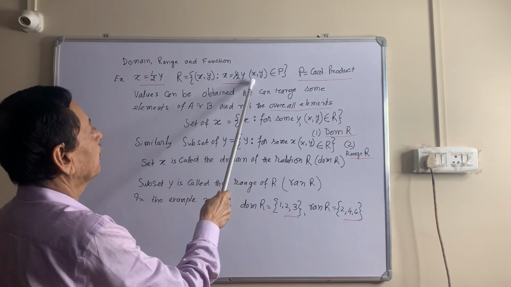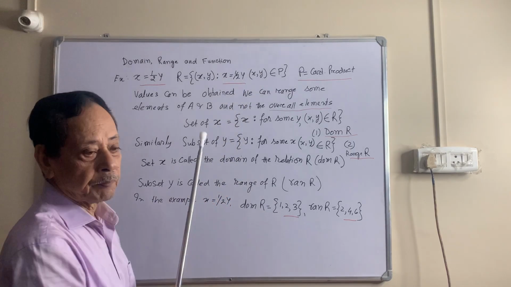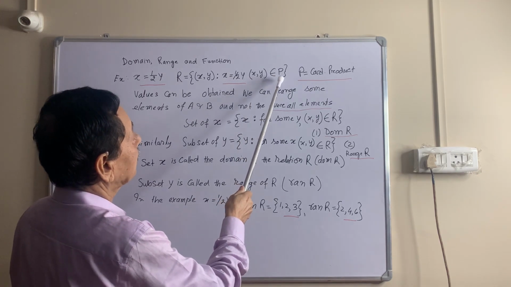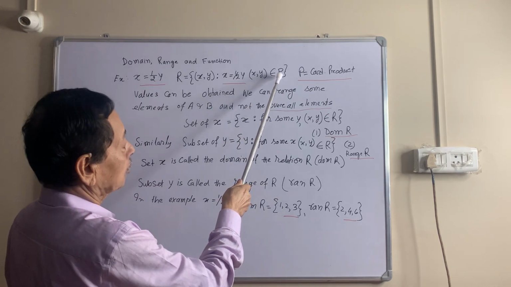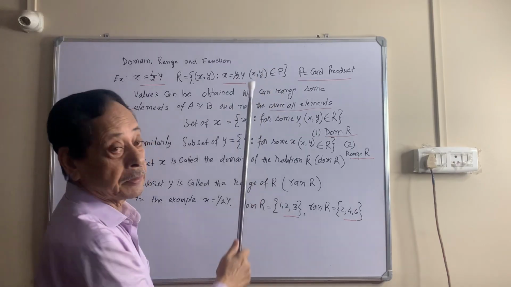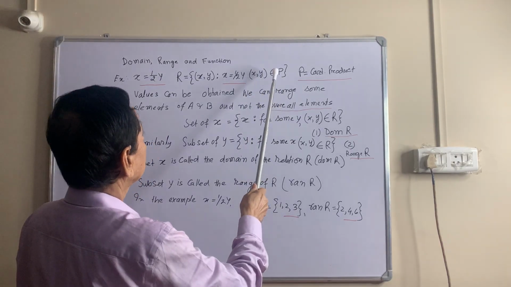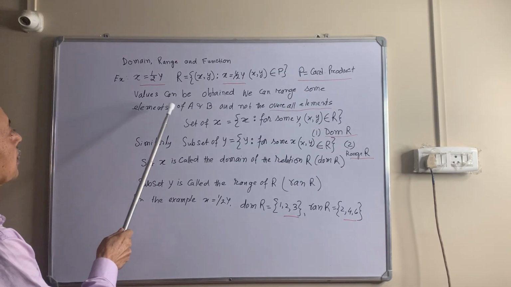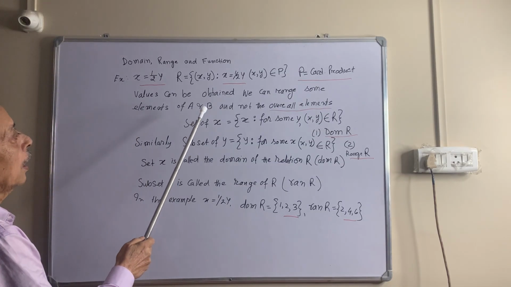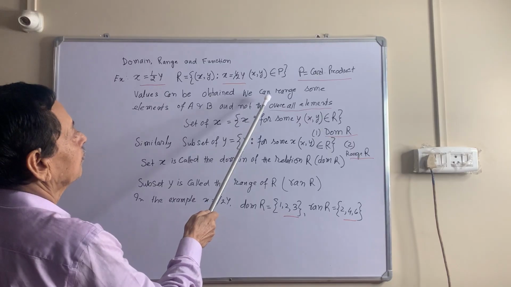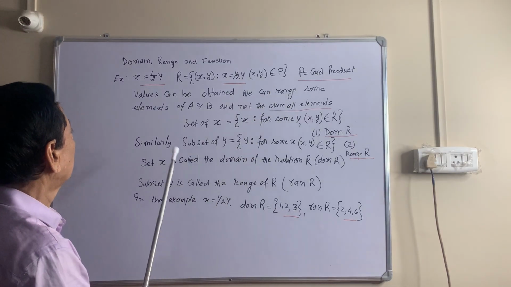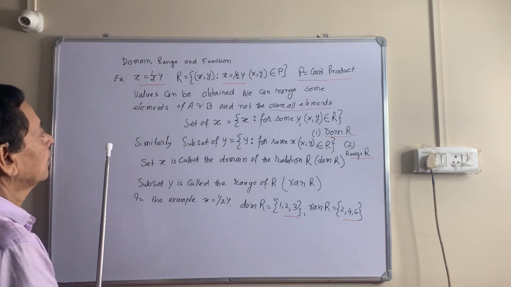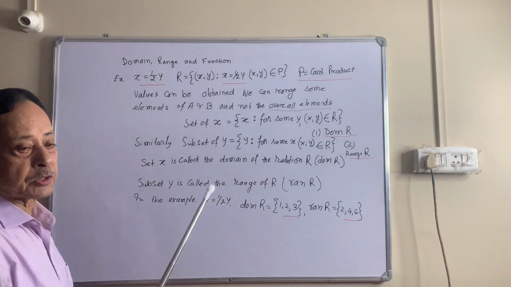It is called the subset of ordered pairs included in the Cartesian product P. Now values can be obtained by taking some elements of A and B and not the overall elements.